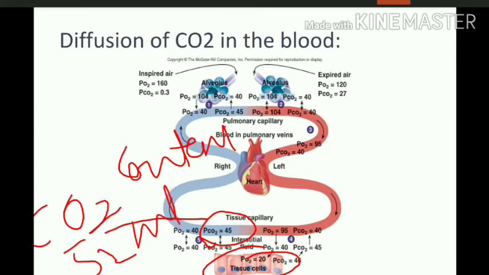And the arterial blood has partial pressure of carbon dioxide 40 mm of mercury, and in arterial blood, carbon dioxide content is 48 ml.